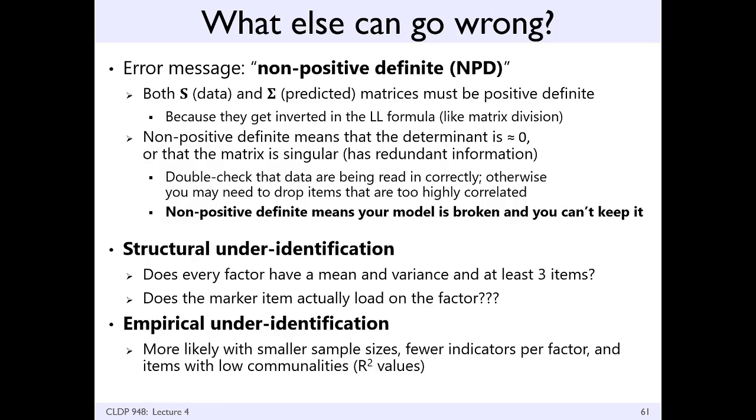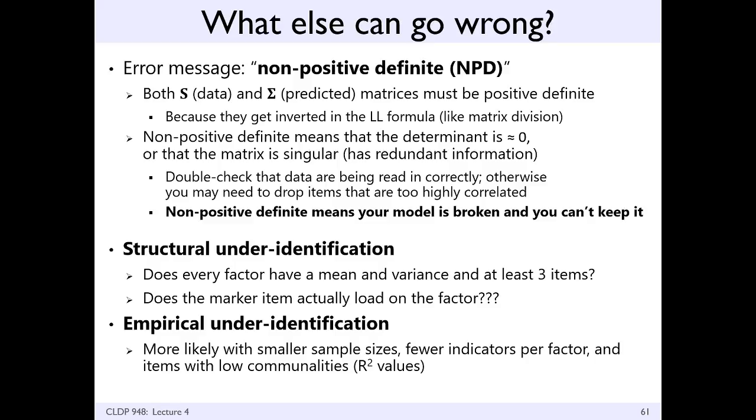All right. What else can go wrong? Non-positive definite. When you see that message, it means your model is broken and you can't keep it. Non-positive definite means something went out of balance. It decided that a factor variance or an error variance needed to be negative.